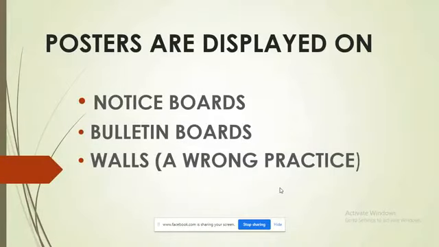Now the question comes, where do you generally find these posters? Dear children, you find these posters on the notice boards, on the bulletin boards, and sometimes on walls also, which is a wrong practice. And there are some boards near the roads, and also when you go on the highway, you find so many advertisement boards.